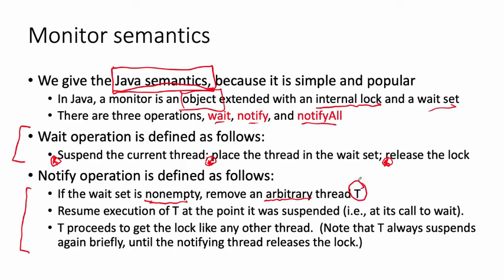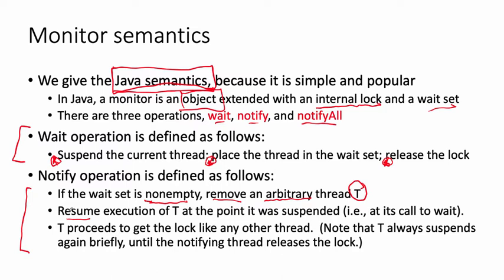For example, if you want fairness, then you could implement the wait set as a queue. Maybe you want to give advantage to older threads if you use a queue. But in general, it could be a set, and it could be an arbitrary thread. So you remove an arbitrary thread from the wait set, and you let it resume.